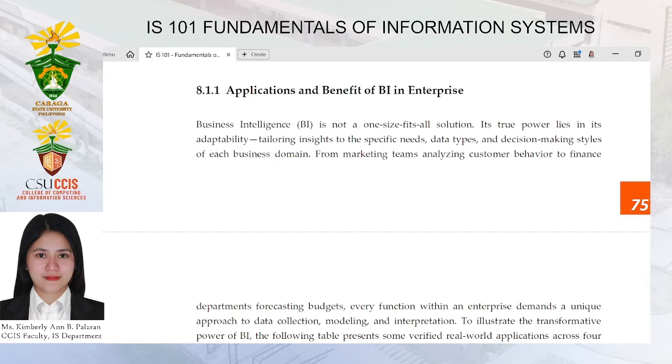For example, a canteen learns through business intelligence that sales of fried rice dropped on Mondays but peak on Fridays. So, what they did was prepare fewer servings early in the week and more on Fridays.